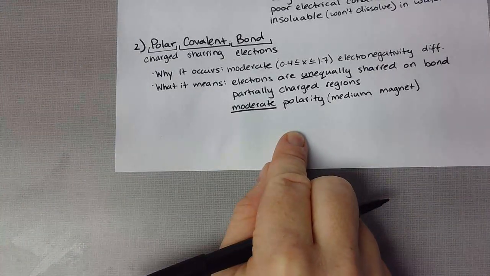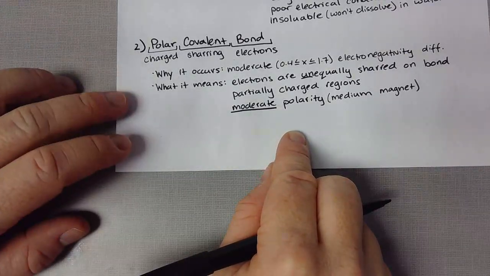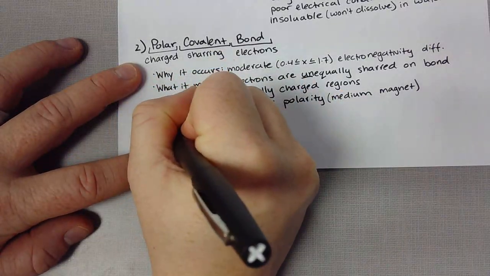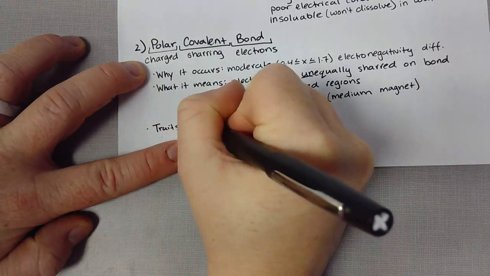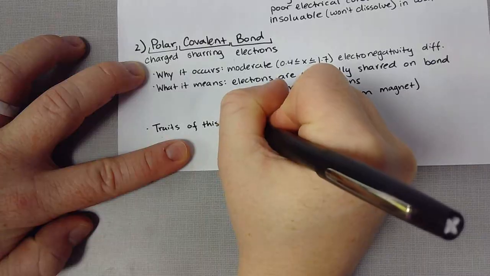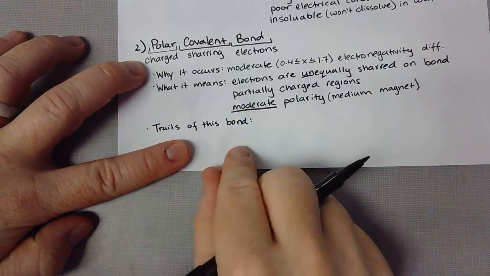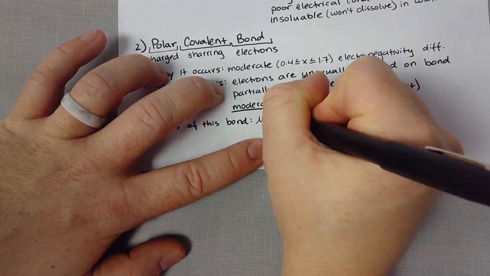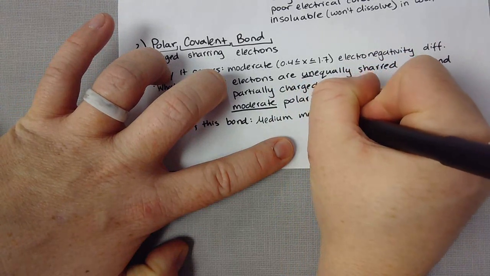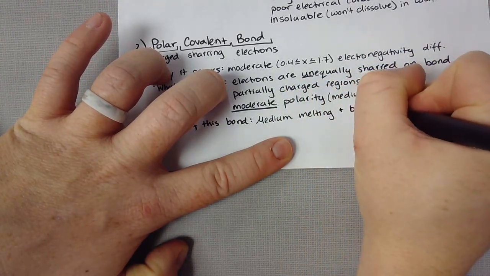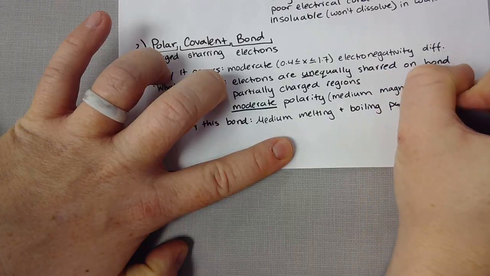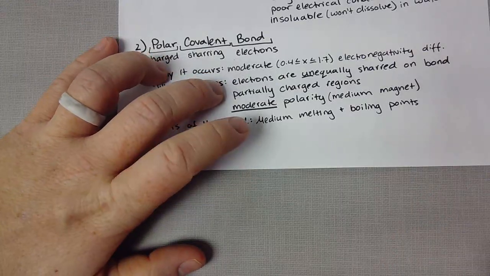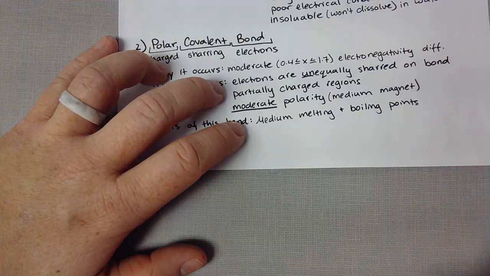Since this is a similar type of bond but a little bit more extreme, our traits are going to be similar but a little bit more extreme. Instead of low melting and boiling points, we are going to have medium or moderate melting and boiling points. Instead of phase changes being easy or fast, they're going to be possible, but they're going to take time.